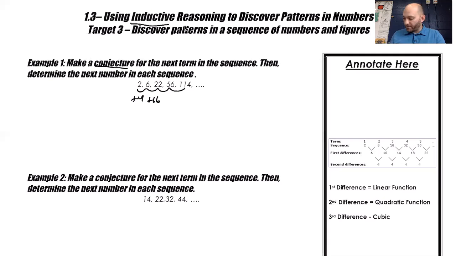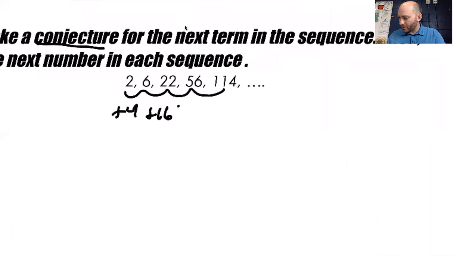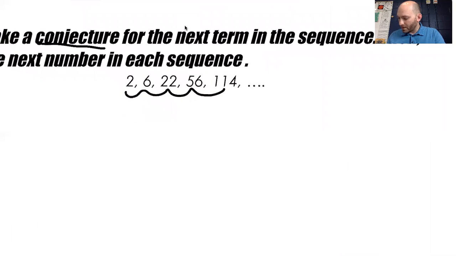Okay, 22 to 56 is plus 34. And then 56 to 114 is going to be plus 58.